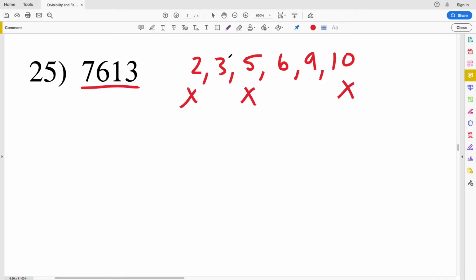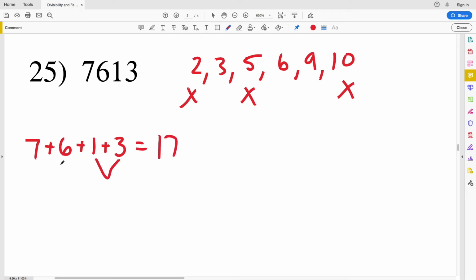Now let's sum these digits to see if it's divisible by 3. 7 plus 6 plus 1 plus 3, that's going to equal 17. 1 plus 3 is 4, 4 plus 6 is 10, and 10 plus 7 is 17. Or you can think of this as 7 plus 6 is 13, 13 plus 1 is 14, 14 plus 3 is 17.